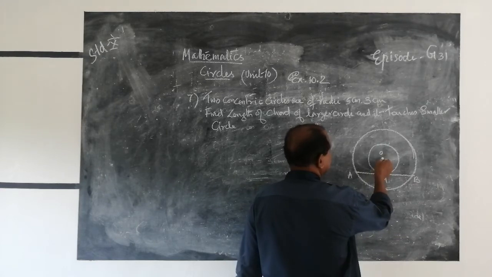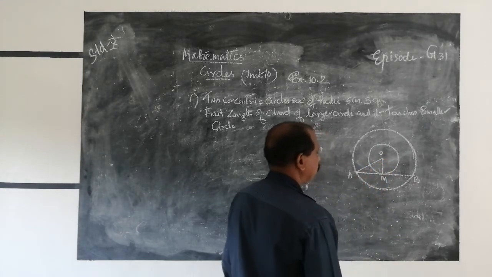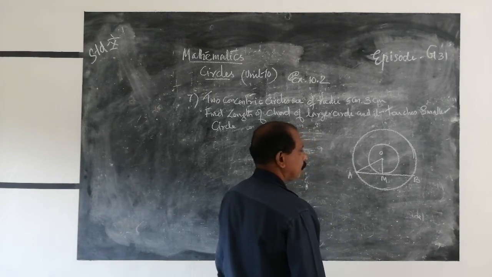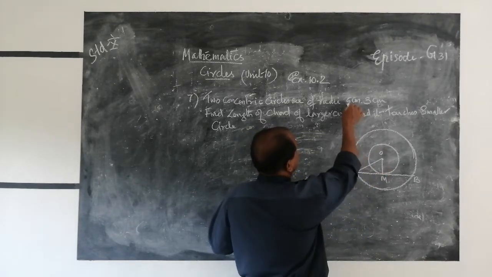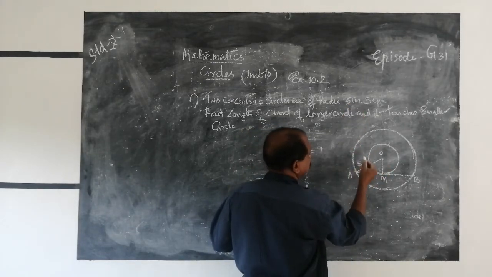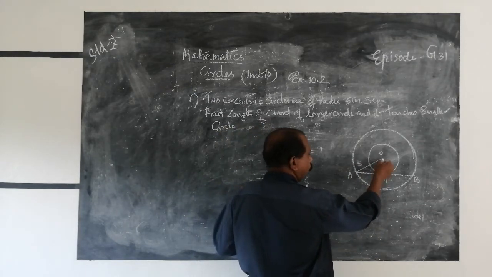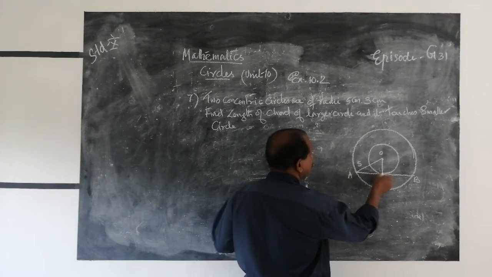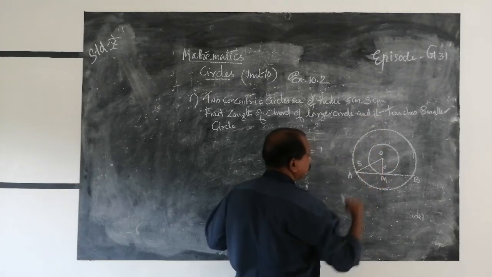This one is the radius of the larger circle, 5 cm. OM is the radius of the small circle, 3 cm.